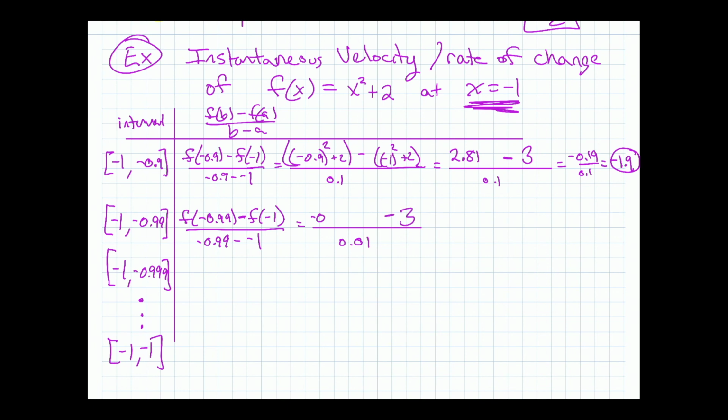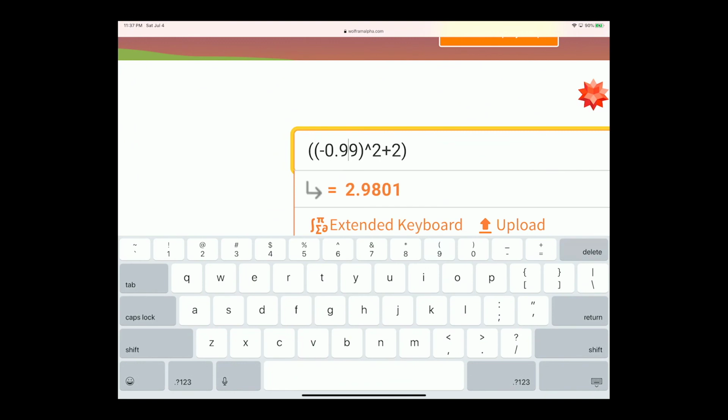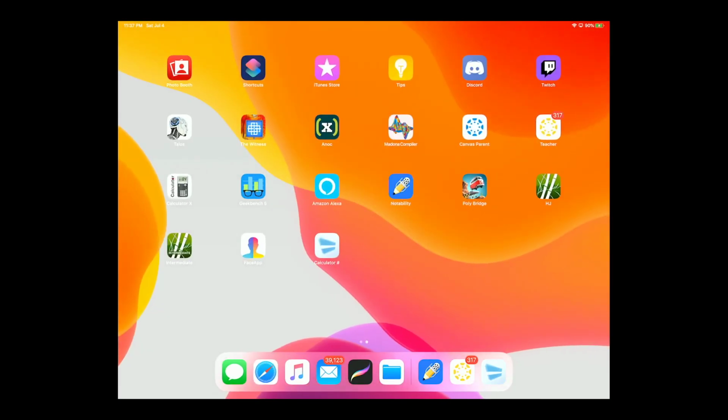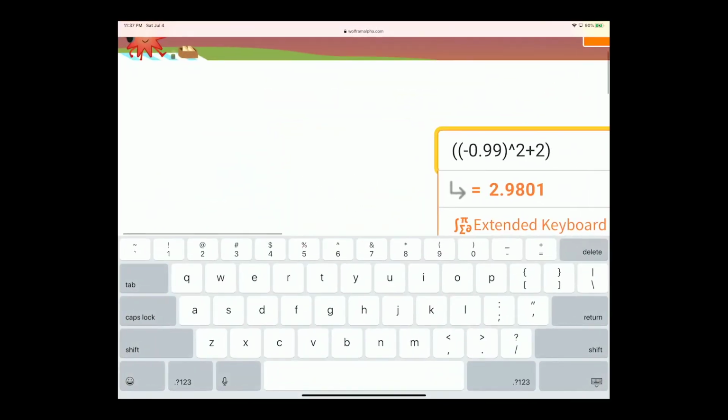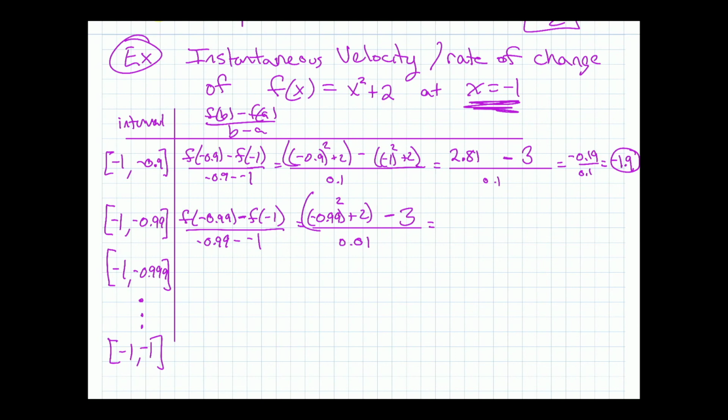And we're going to have -0.99 squared plus 2. So basically we just need 0.99 squared. 2.9801. I went back to the same thing. 2.9801 minus 3 over 0.01.